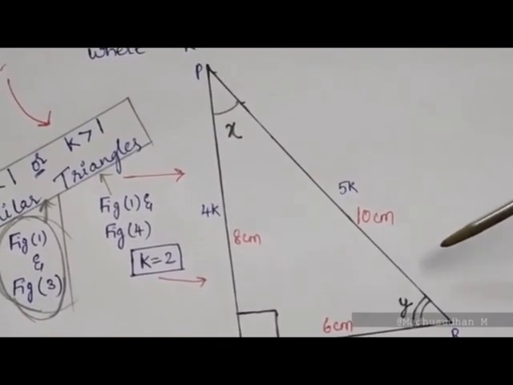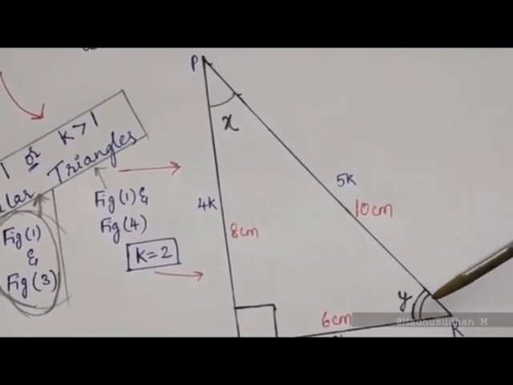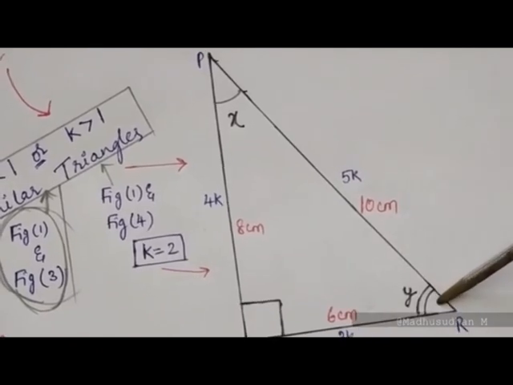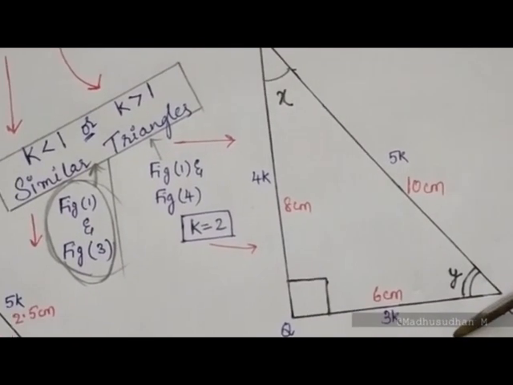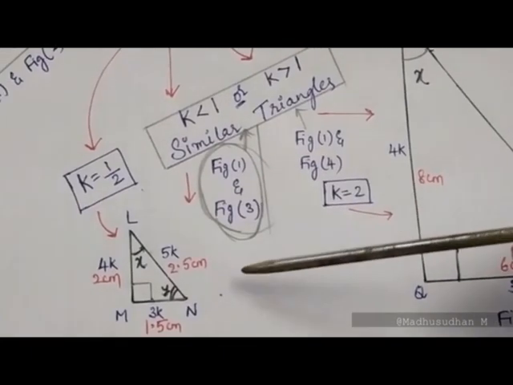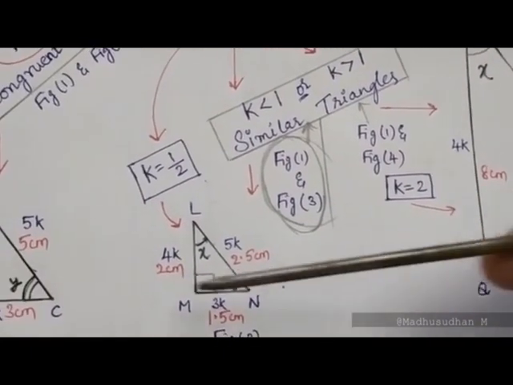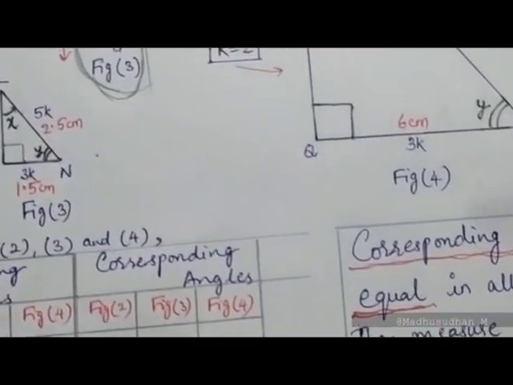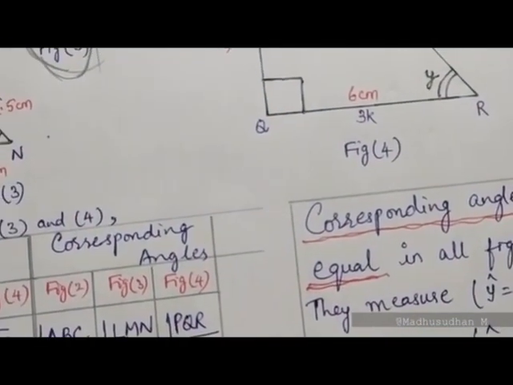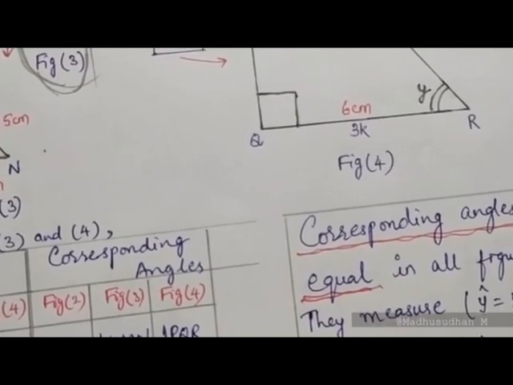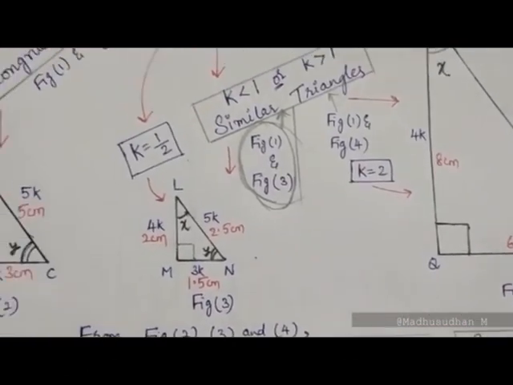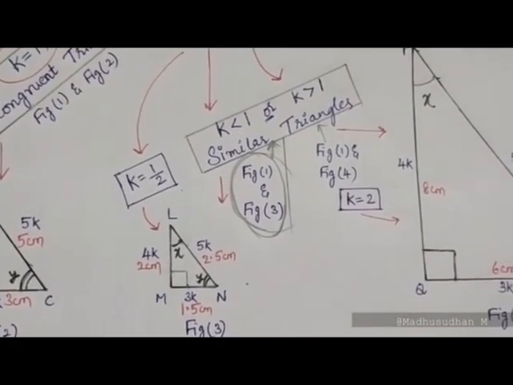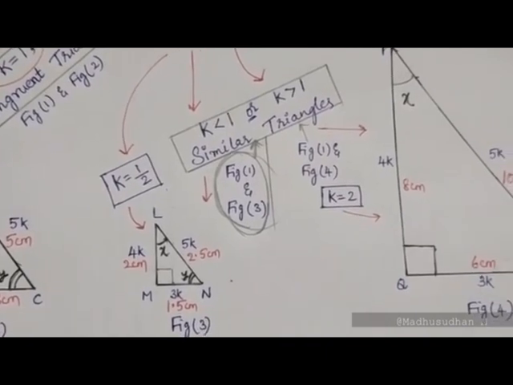Using the protractor a student can verify that angle Y in figure 4, angle Y in figure 3 and angle Y in figure 2 shall be exactly equal, the same angle Y equal to 53 degrees in all these three geometrically constructed right angled triangles.